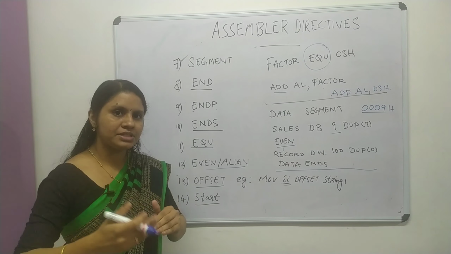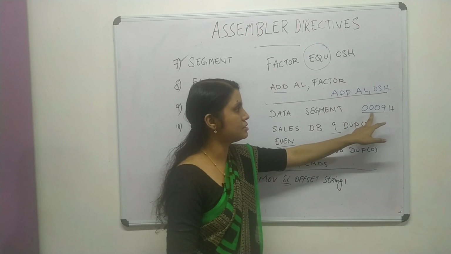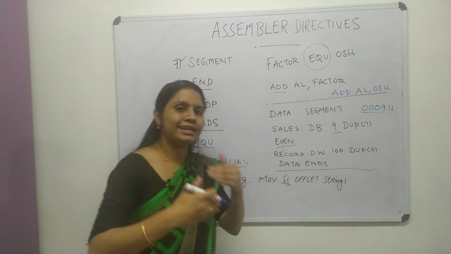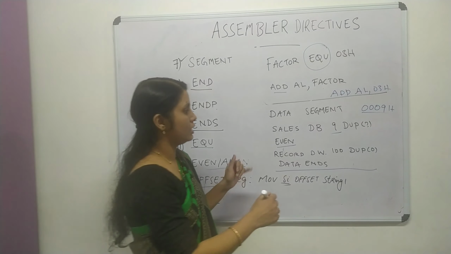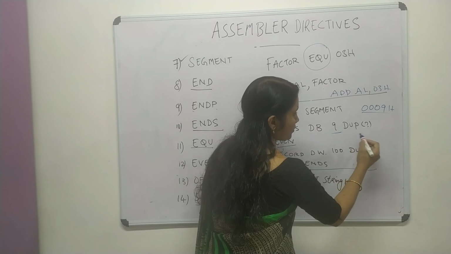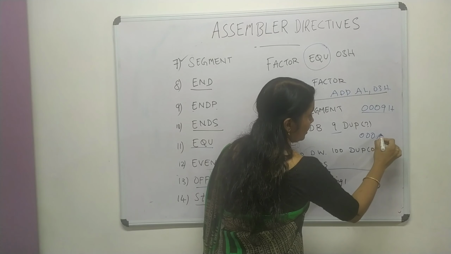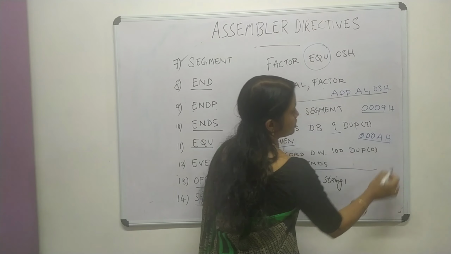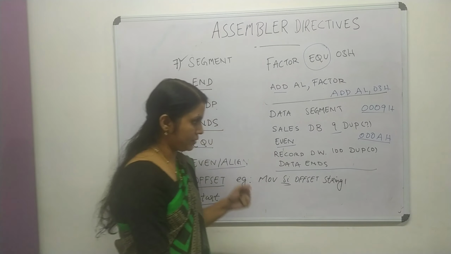Since the address is not even, it will be incremented to an even address, 000AH.